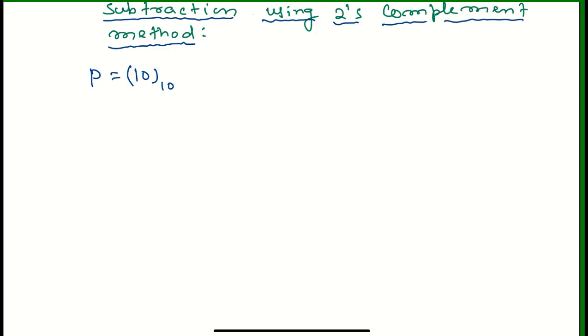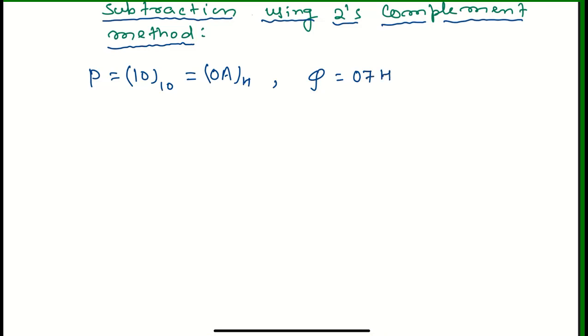Its hex equivalent in 8-bit can be written as 0AH. And then I'm considering the second number as Q. This Q I am taking, for simplicity, as 07H only.